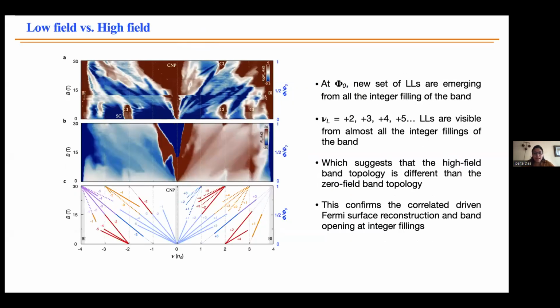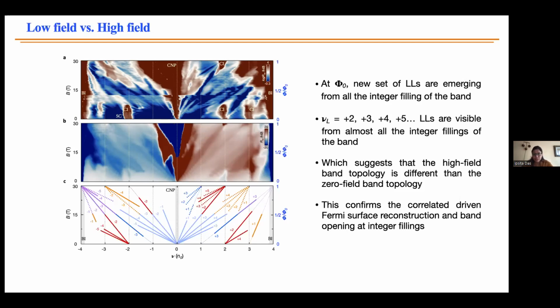So here I have schematically drawn all the Landau levels emerging from different filling factors and different flux. At 0 flux, I have a set of Landau levels. And if you go to flux 1, I have another set of Landau levels emerging from different filling factors of the band.